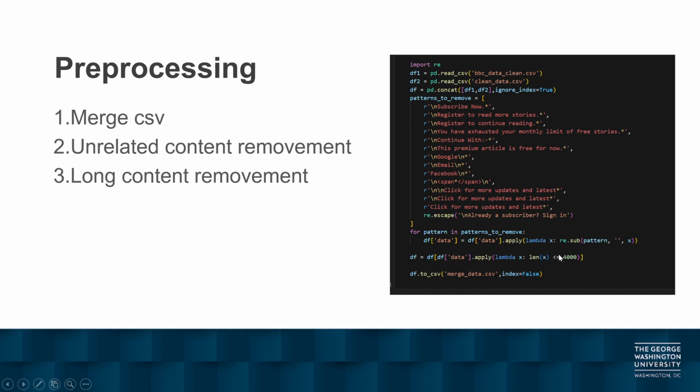And also you can see here that I remove the data which is longer than 4,000, because I think data that is too long may lead to computational problems, and due to nowadays' large language models having a context window of around 4096 context length, I set the content length to 4000, and finally it comes into the merged data CSV.